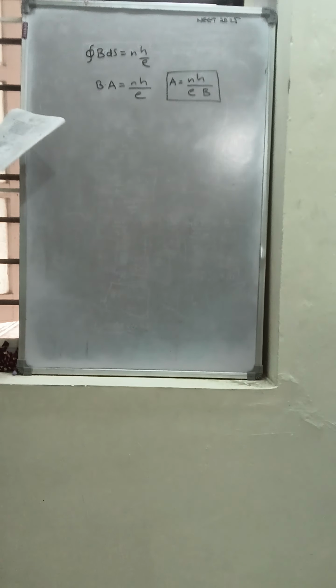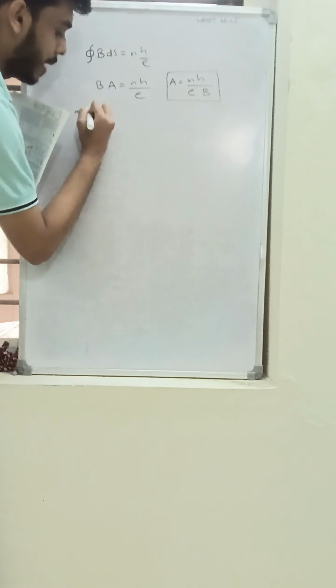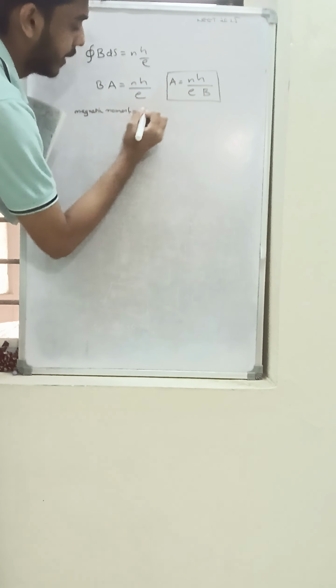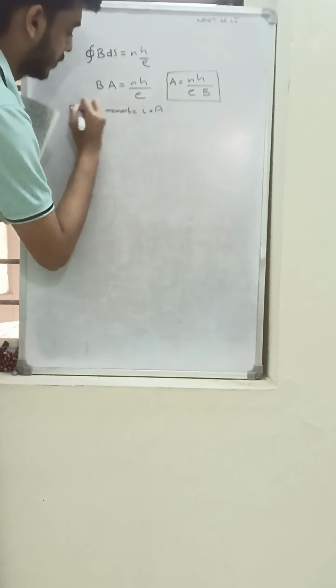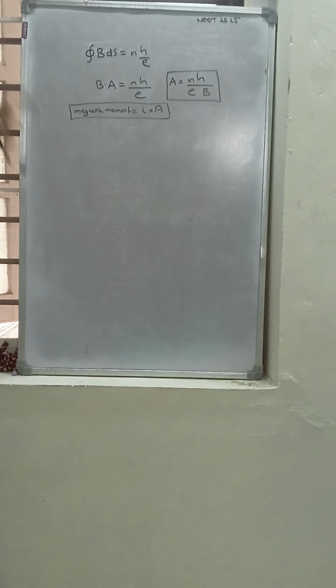Okay. So we are asked to find the magnetic moment. Magnetic moment is given by I times area. We know the area and we will have to find the current.